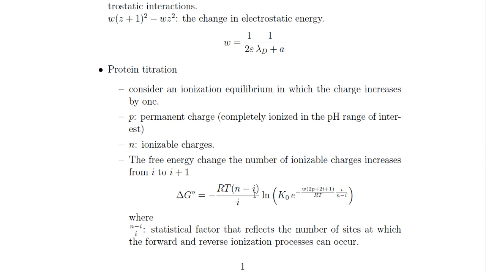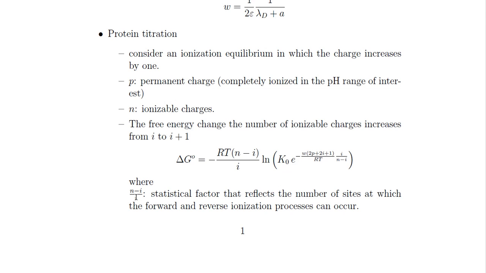So this one is for the third side chain, so we can calculate the free energy change contributed by that side chain, where N minus 1 minus I over I accounts for the forward and reverse ionization process.